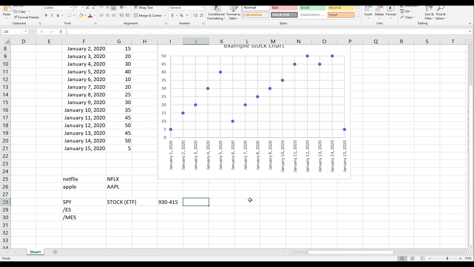So it's open Sunday at 6 and closes Friday at 5, and it's open continuously. There's an exception every night: there's an hour where it closes just because they have to settle accounts. So from 5 to 6 every night it's closed for an hour. But other than that, it's open 24 hours a day, 5 days a week.